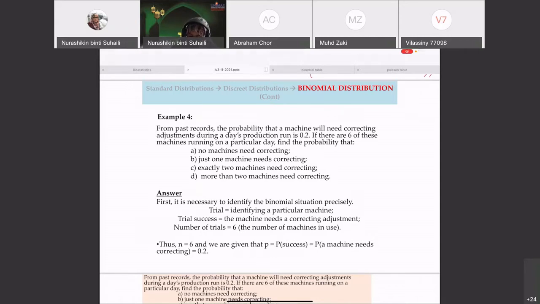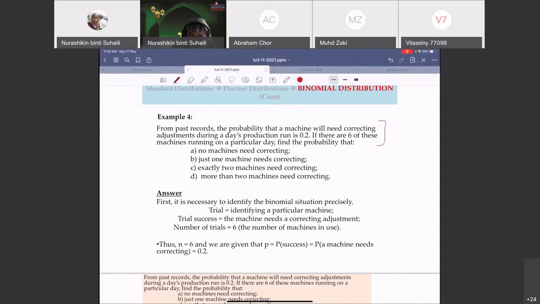Let's analyze the question. The probability that a machine will need correcting is 0.2, so we denote P as 0.2. Of course, 1 minus P will be 1 minus 0.2, that's 0.8, the probability that the machine doesn't need the adjustment.